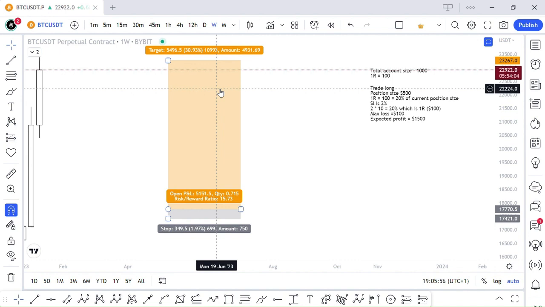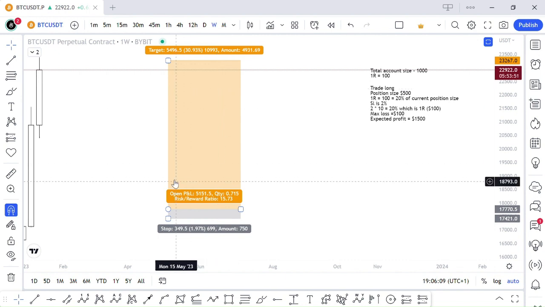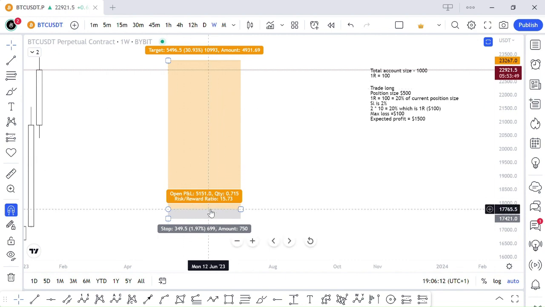Which in total is 10% of the entire account, which is our normal 1R. So we risk $100, which is 20% of 500. So our SL is at 2%, so we can use 10x leverage and risk the $100 using the 10x leverage for a potential gain of $1,500, which is 15 times $100.